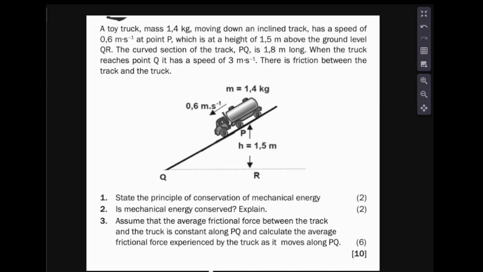Okay, is mechanical energy conserved? Now, I've always had an issue with this because sometimes you know the answer, but you don't know what they're asking you.